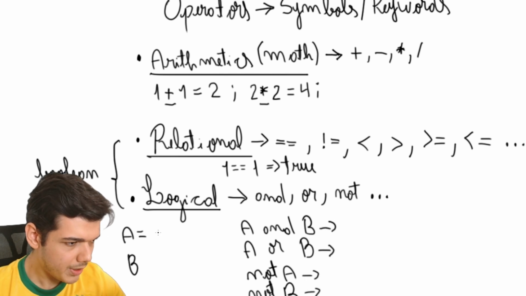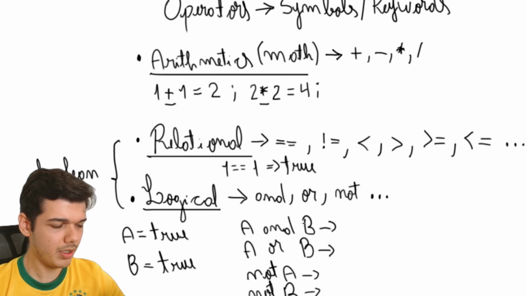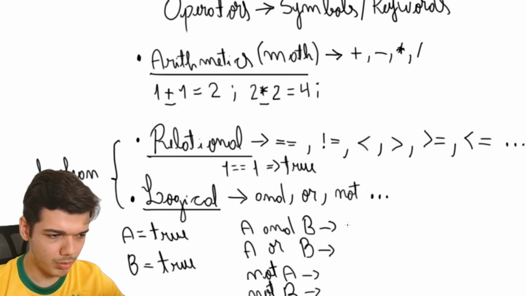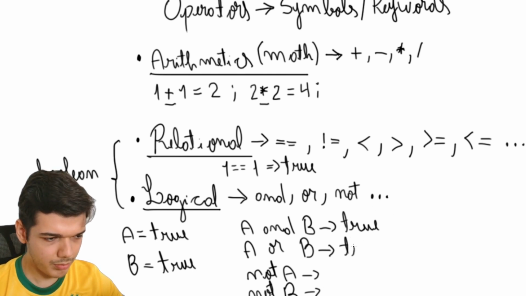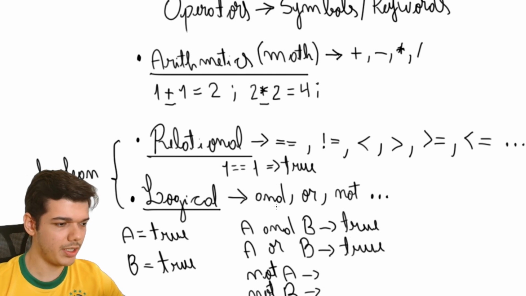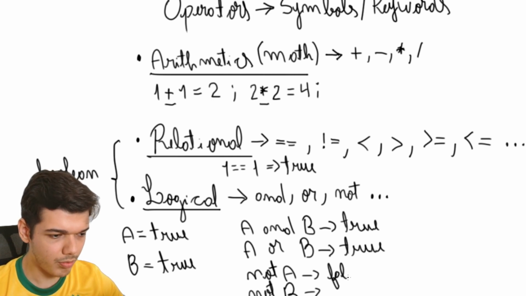So if A is true and B is true also, A and B are both true, so the result of A and B will be also true. Here, if we have A or B, both are true, so we also have true. Not A is the negation of true, so the negation of true is false.